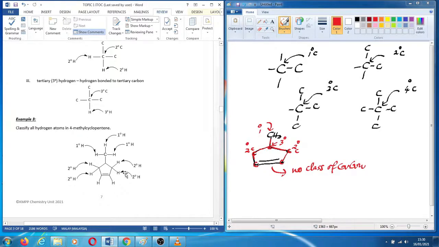Okay, this is an example of 4-methylcyclopentane. You have primary hydrogen, you have secondary hydrogen, and for your double bond, it will not have any class of hydrogen or carbon.